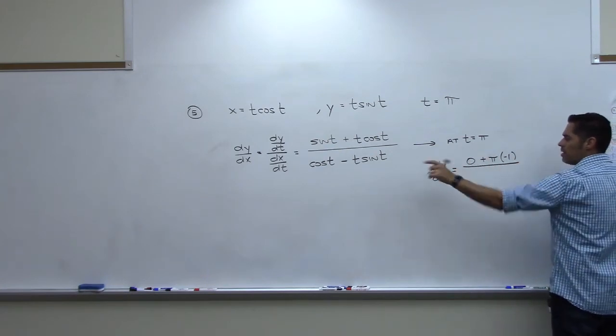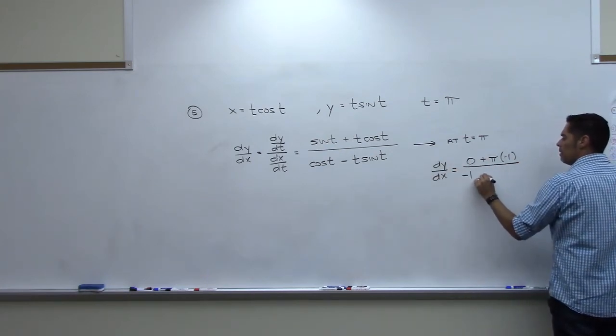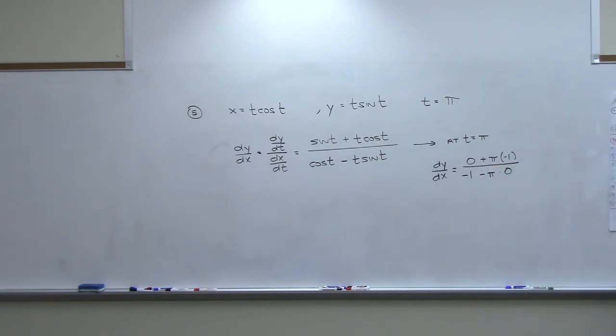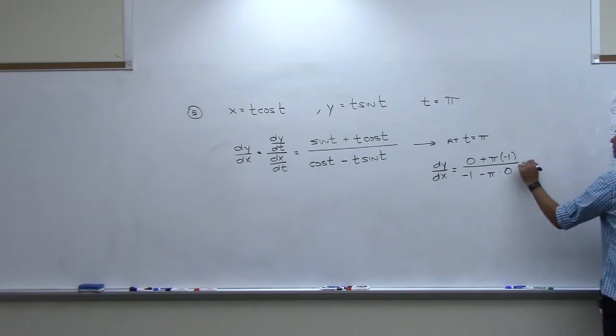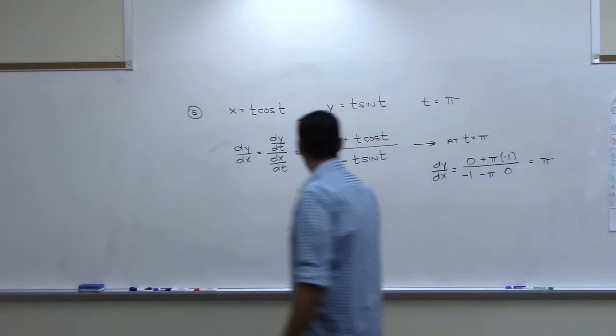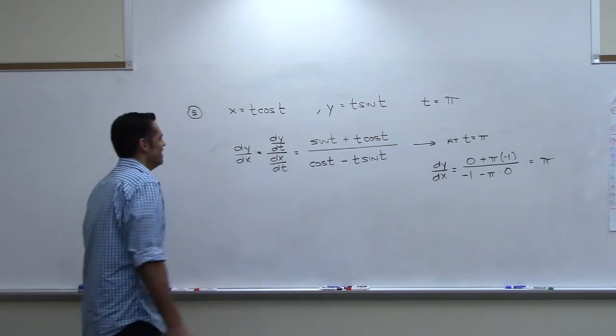Over cosine of pi, which is negative 1, minus pi times 0. So it looks like you're going to get negative pi on top and negative 1 on the bottom. So then we just divide that out and you just have pi. So the slope is pi. I feel like we should do that problem on pi day.